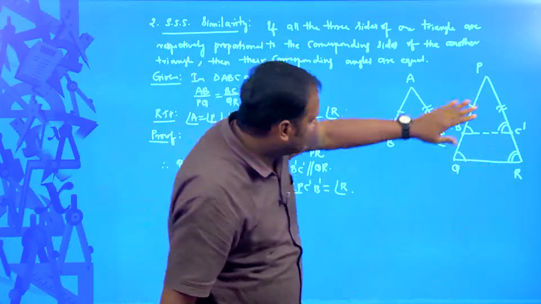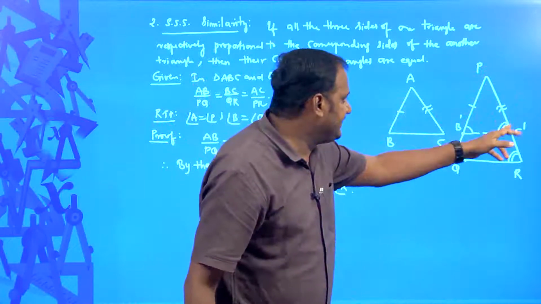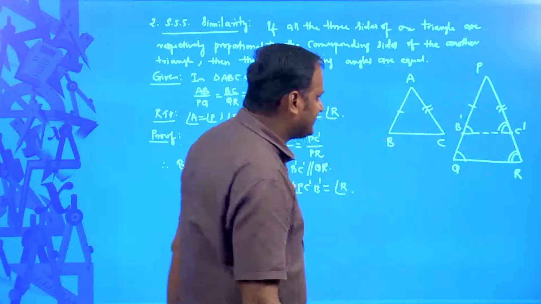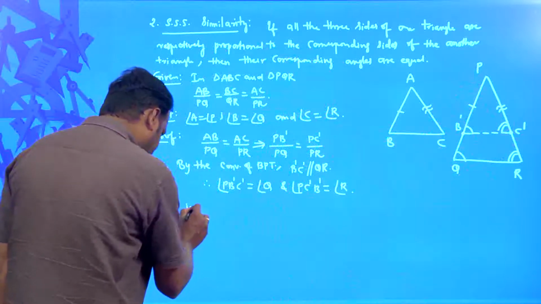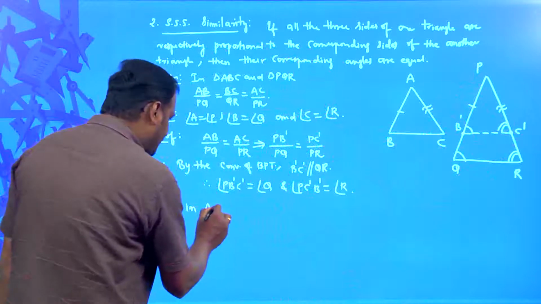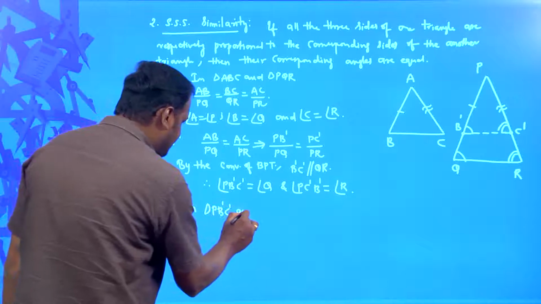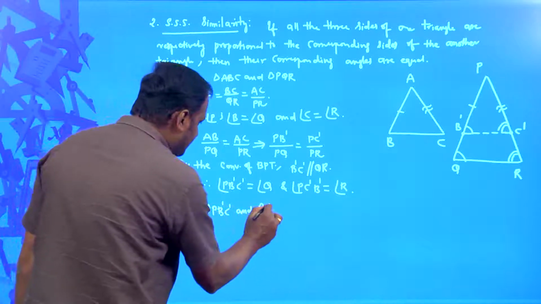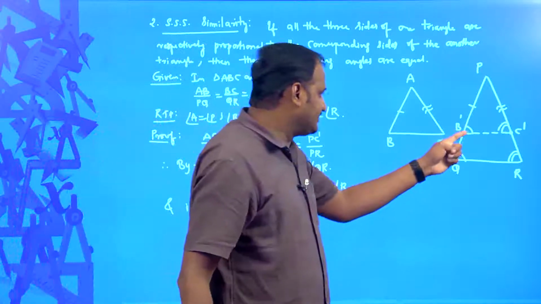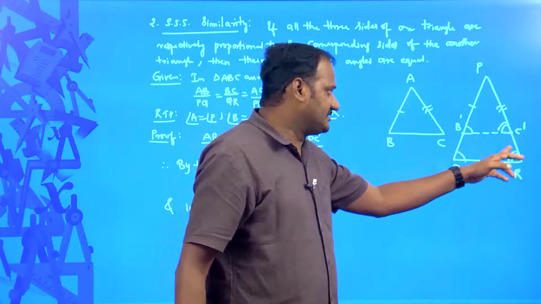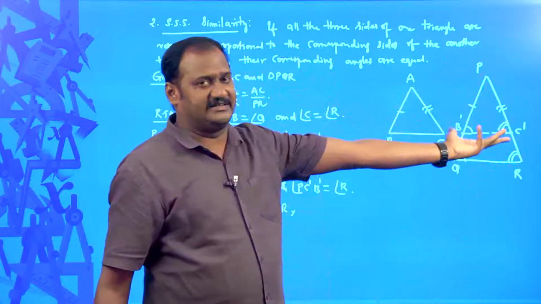If I just consider this small triangle and this entire triangle, PB'C' and PQR, see, if you observe those two triangles, in triangles PB'C' and PQR, angle B' is equal to angle Q, angle C' is equal to angle R. Automatically angle A is equal to angle A, because that is the common angle.